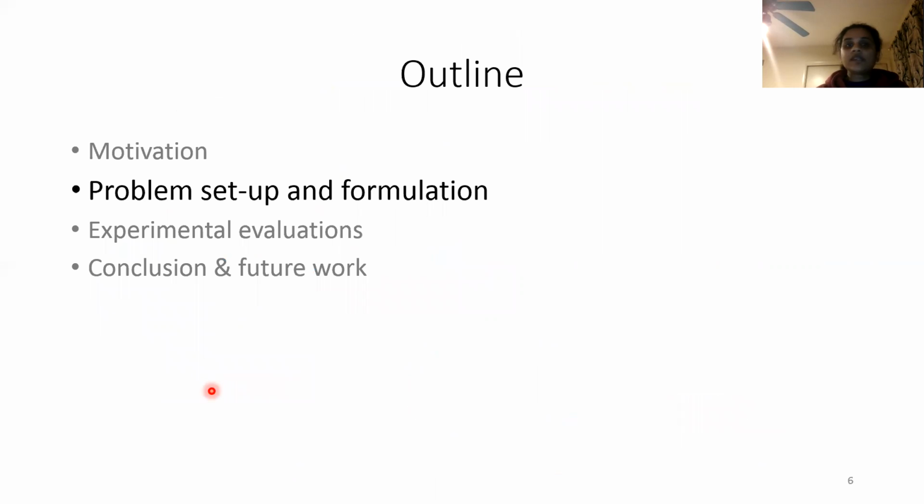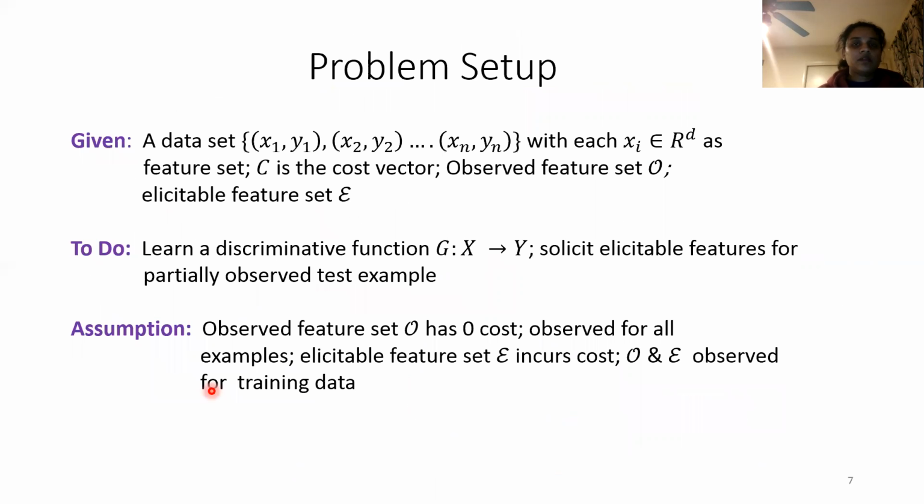Moving on to the problem setup and formulation. Here is the problem setup. We are given a typical supervised classification setting where each instance is characterized by a feature vector and their corresponding labels. We are also provided a cost vector which specifies the feature acquisition cost for each of the elicitable features.